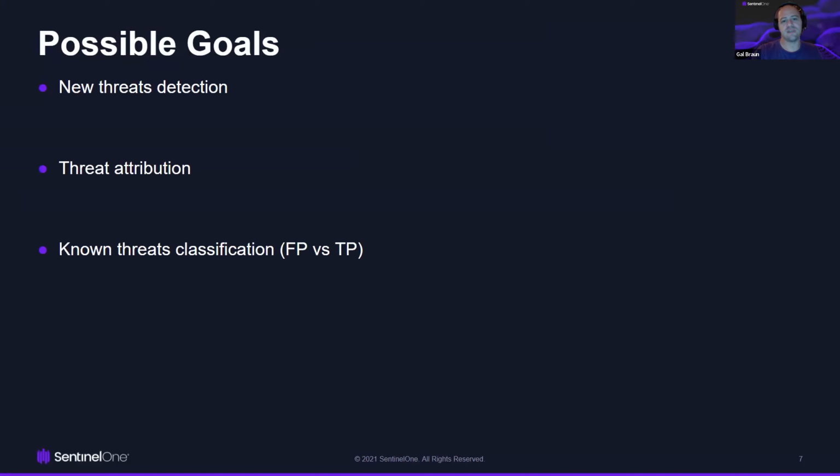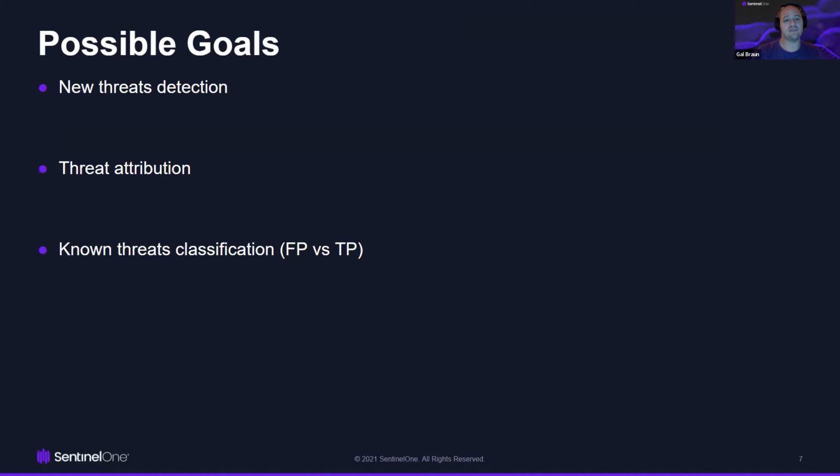The next two goals are enrichment tasks above a known threat in the system. SentinelOne has, as I mentioned, different sensors that can raise different flags for possible threats. And by assuming that we have a specific threat in a customer, we can try, for example, to achieve threat attribution, which means we want to discover who is the attacker.